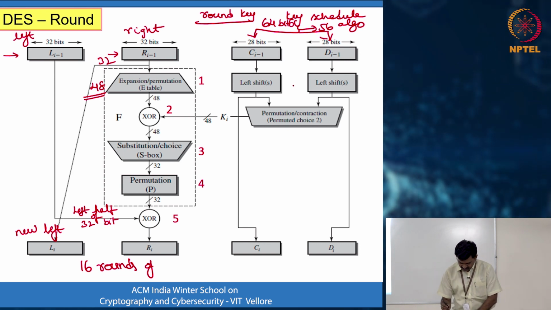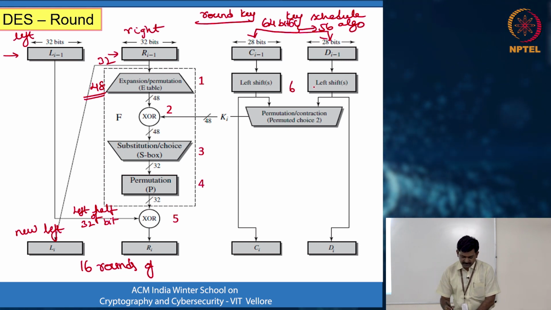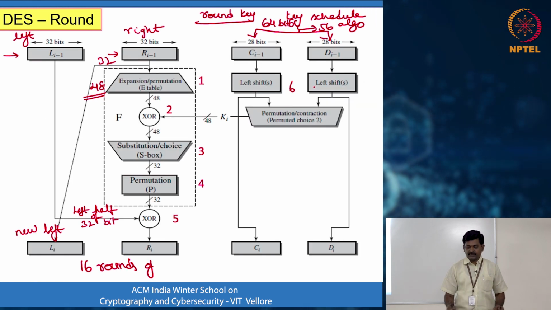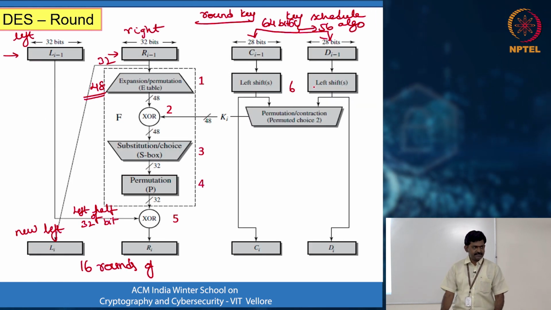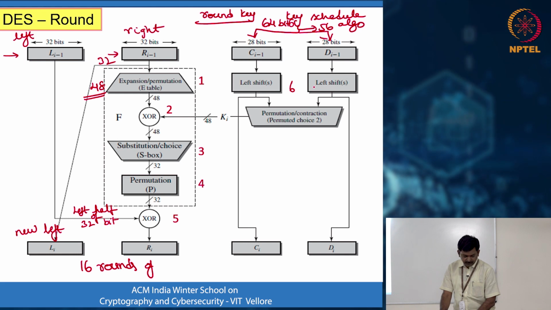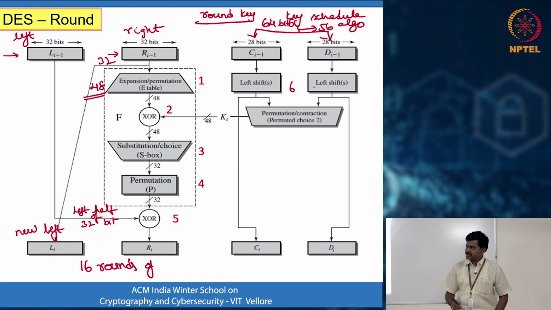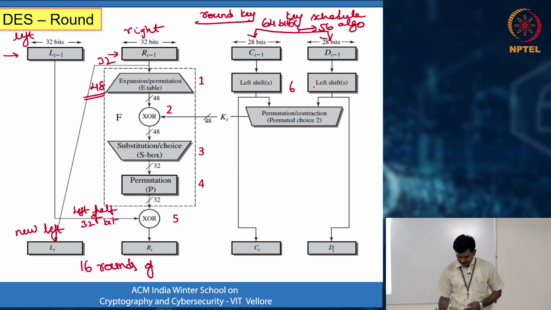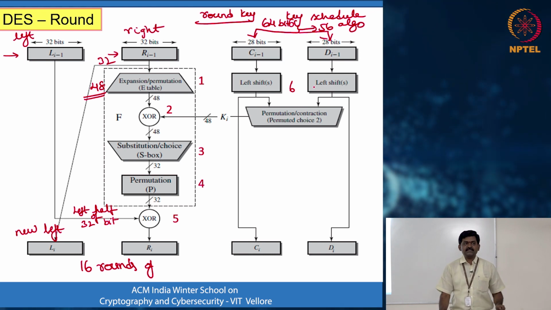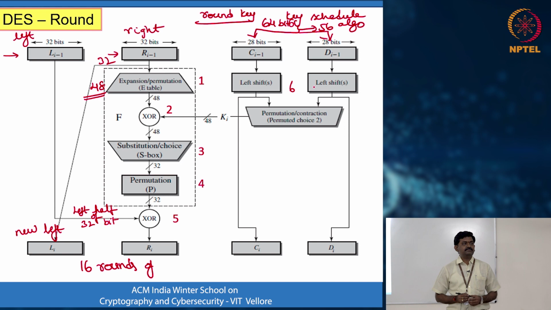The other one is on the key side. That means the 6th step. Okay. Let us take these 6 steps. Are you able to follow? We will discuss this key expansion process also. Okay, don't worry.